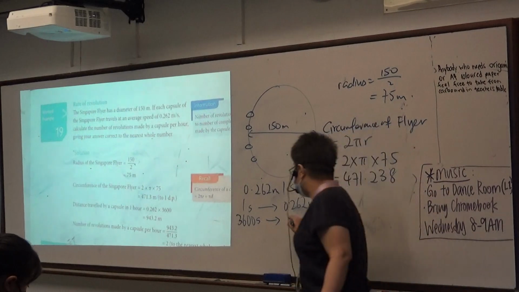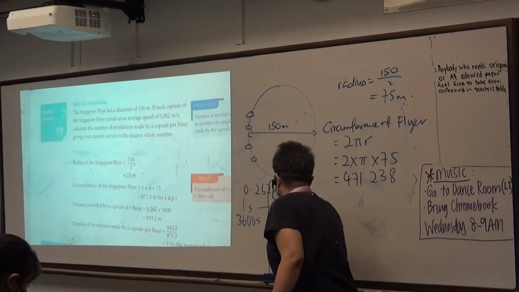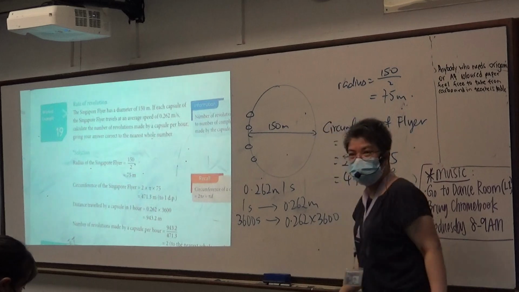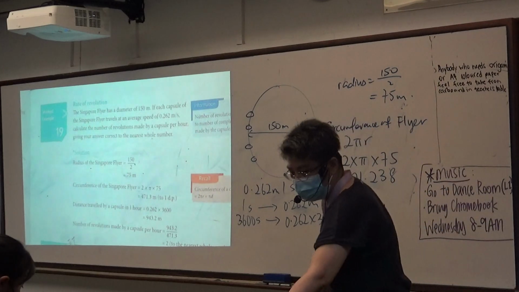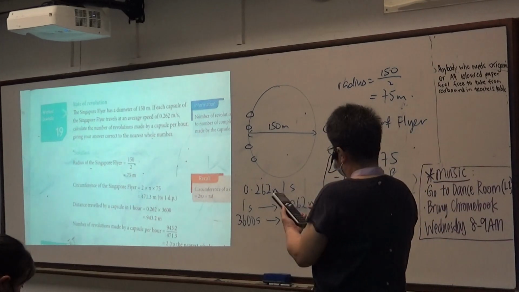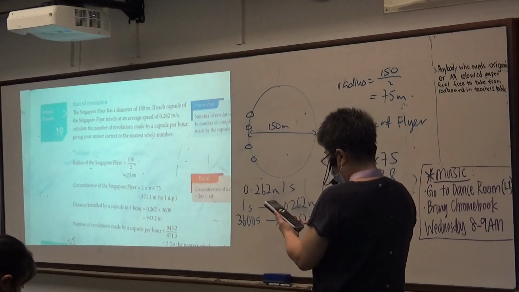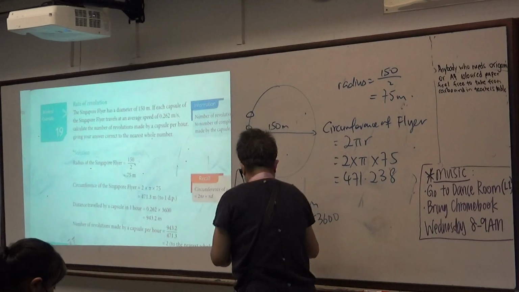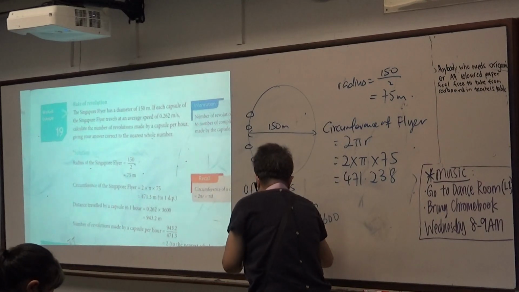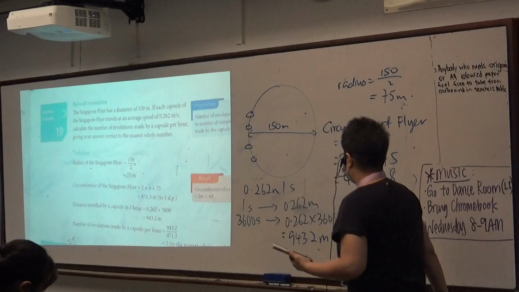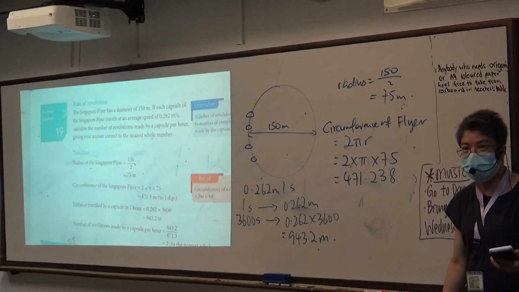Correct. So I must take this. Okay, now I'm going to multiply. This will give me 943.2 meters. Everybody clear?